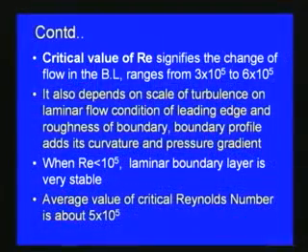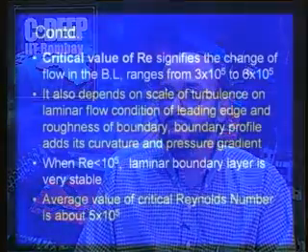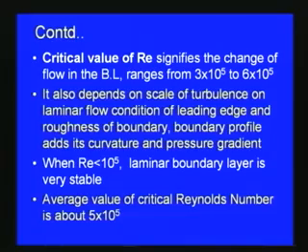Since it is a laminar boundary layer, it is very stable, and based upon various experiments and theories reported in the literature, we can say that the average value of the critical Reynolds number where this transition starts can be put as 5 into 10 to the power 5, as reported in many textbooks on fluid mechanics.